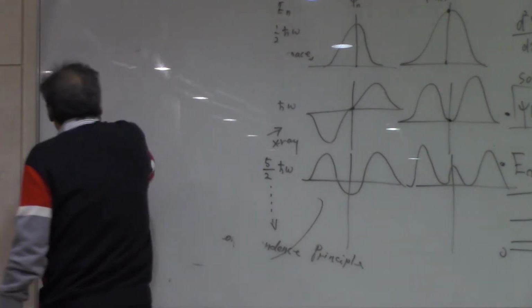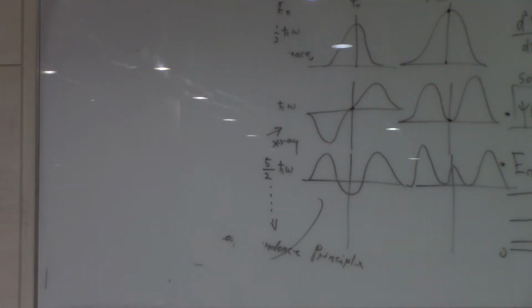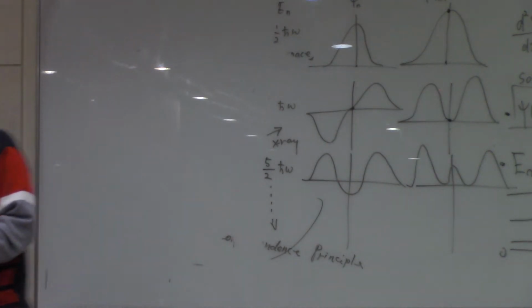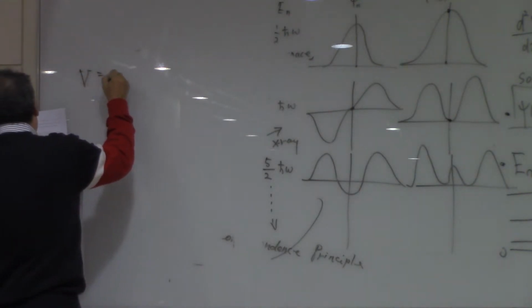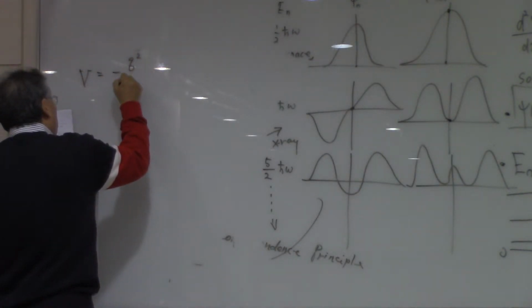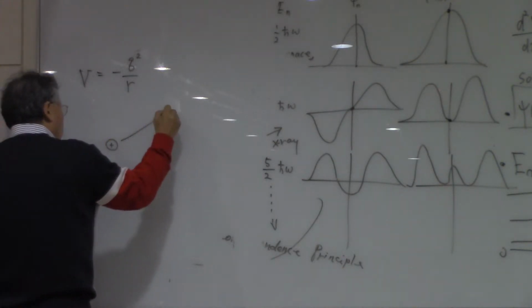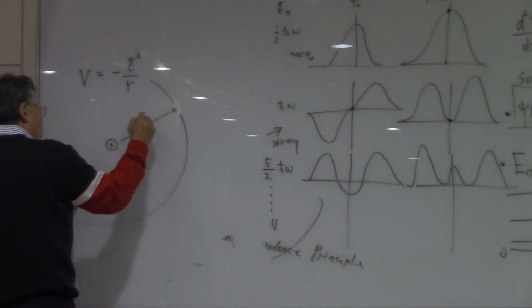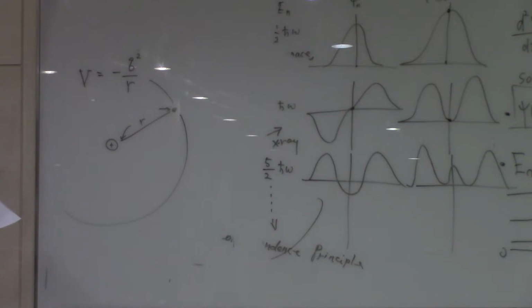So in the Schrödinger equation, you're going to replace the potential energy with the hydrogenic Coulombic potential energy, Q square over R. This is a proton, and one electron is going to circulate, orbiting, and the distance is R, right?